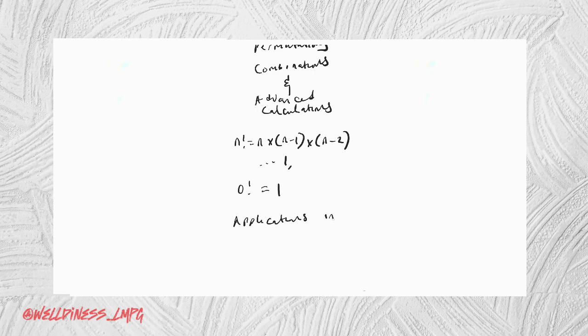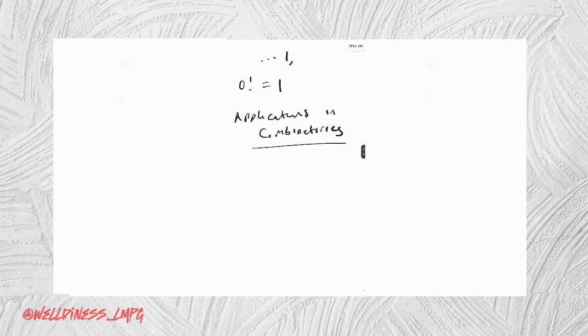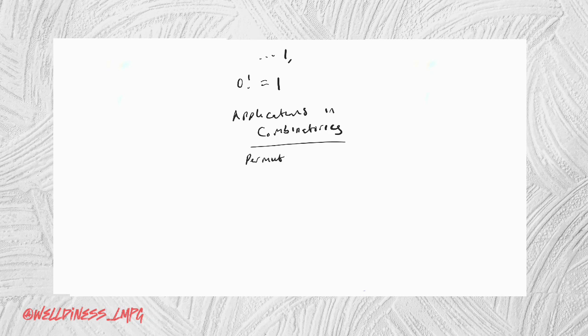So we move on to applications in combinatorics. And combinatorics actually talks about permutations and combinations. So for permutations, we are simply talking about the number of ways to arrange R objects from a group of N objects. So the formula for finding that will be capital letter P N R, which will give you N factorial divided by N minus R factorial.